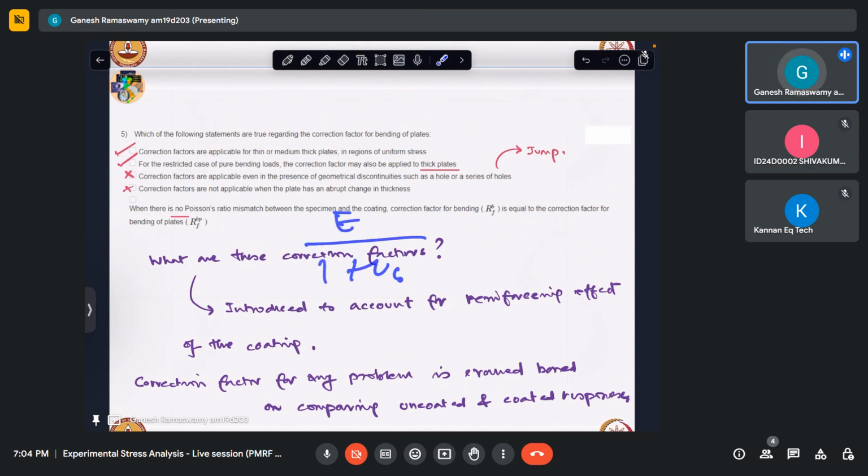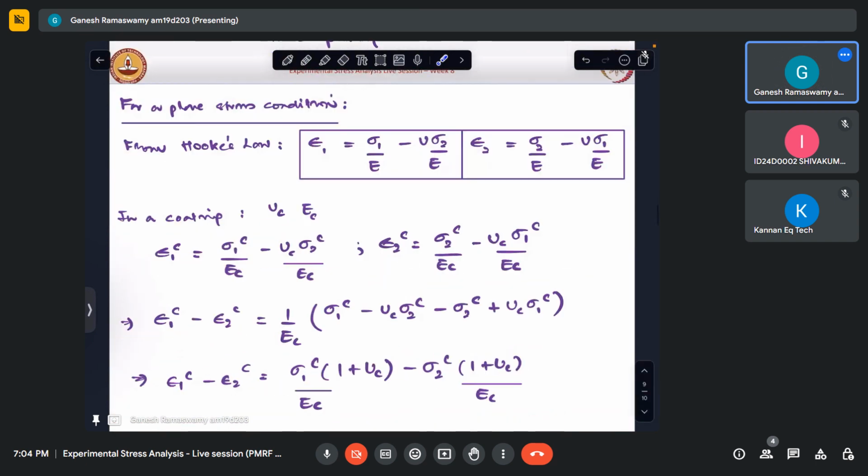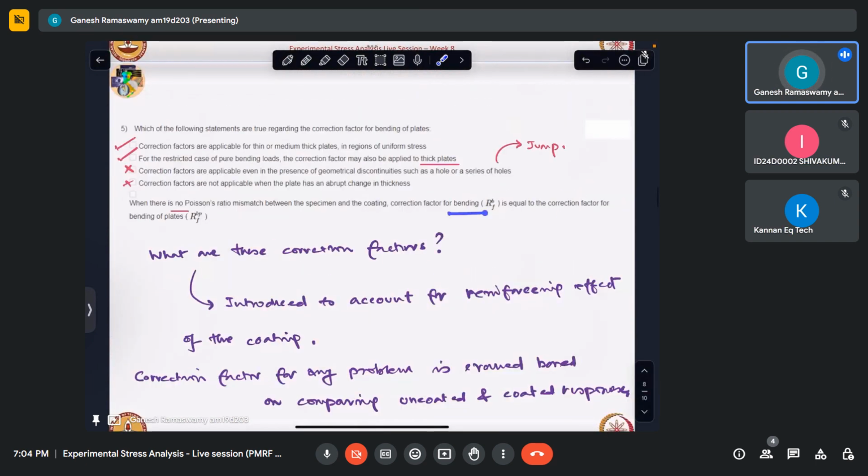If you see the correction factors given in the lecture, you can see that this is true. So whatever correction factor we get in the case of bending can be extrapolated to the bending of plates also. Yes, sir.